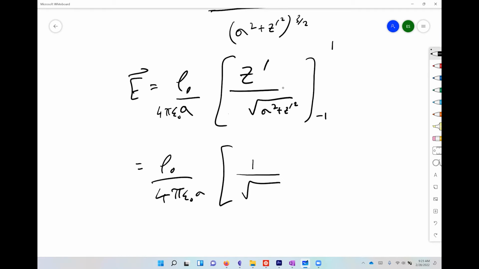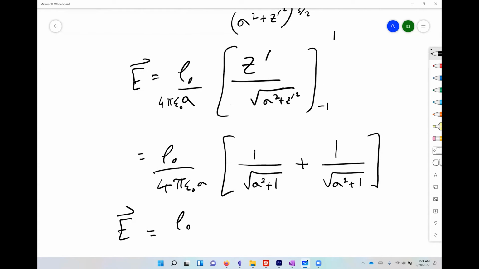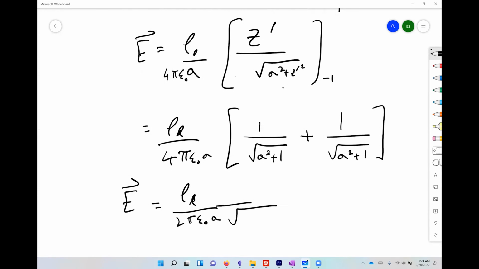1 over square root a squared plus 1, right? Minus 1 plus 1 over square root a squared plus 1, right? This becomes 2, so we end up with E. I can take the 2 out, so I end up with E being rho L, this is rho L by the way, over 2 pi epsilon naught A square root 1 plus a squared.